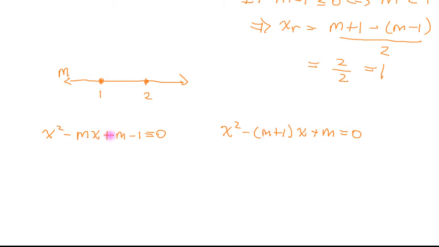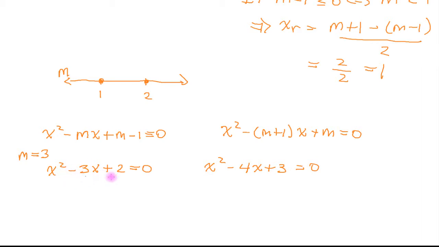So let's just verify that. Now we have x squared minus 3x plus 3 minus 1, which is 2, equal to 0. This is the case for m equal to 3. And here we have x squared minus 4x plus 3 equal to 0.